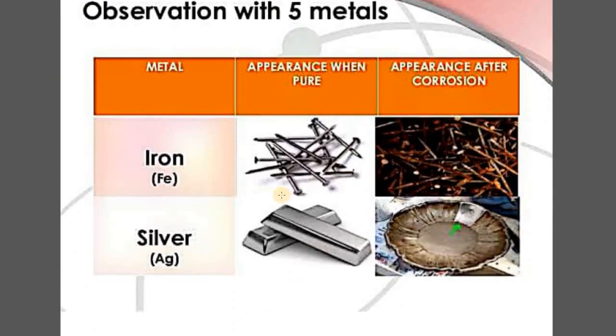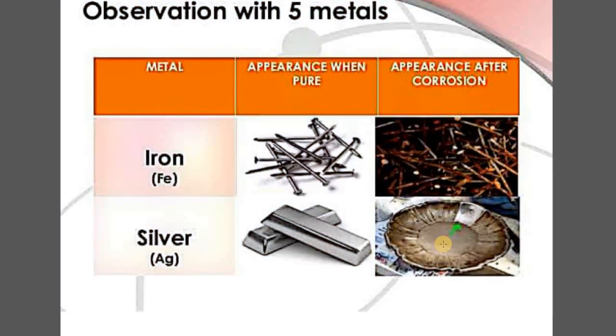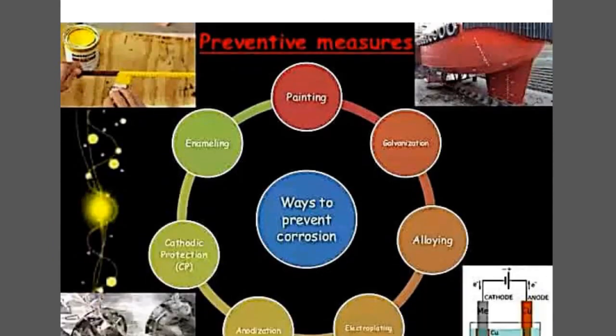Then iron: a brownish substance will be formed. And silver after undergoing corrosion will appear in this manner. So this is how corrosion gradually degrades and destroys the whole metal.